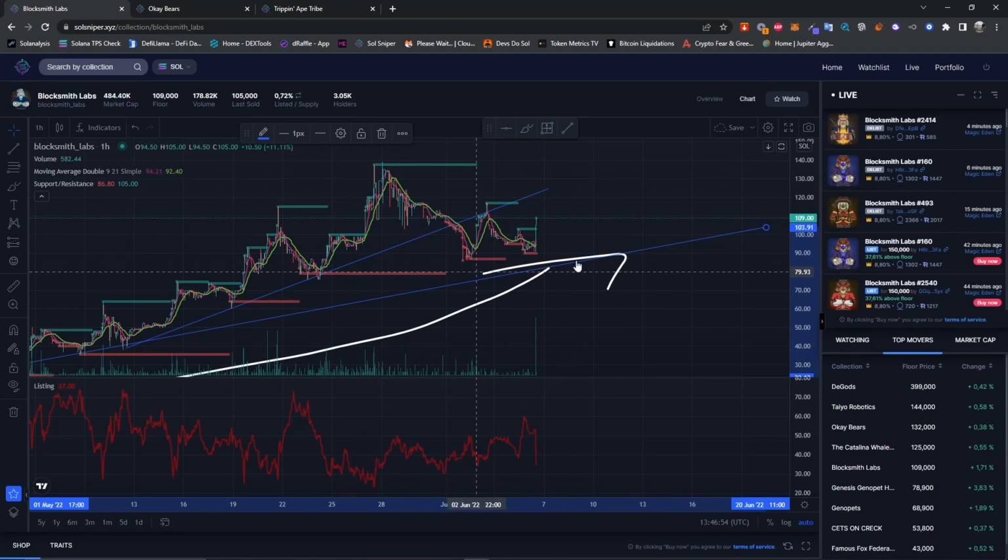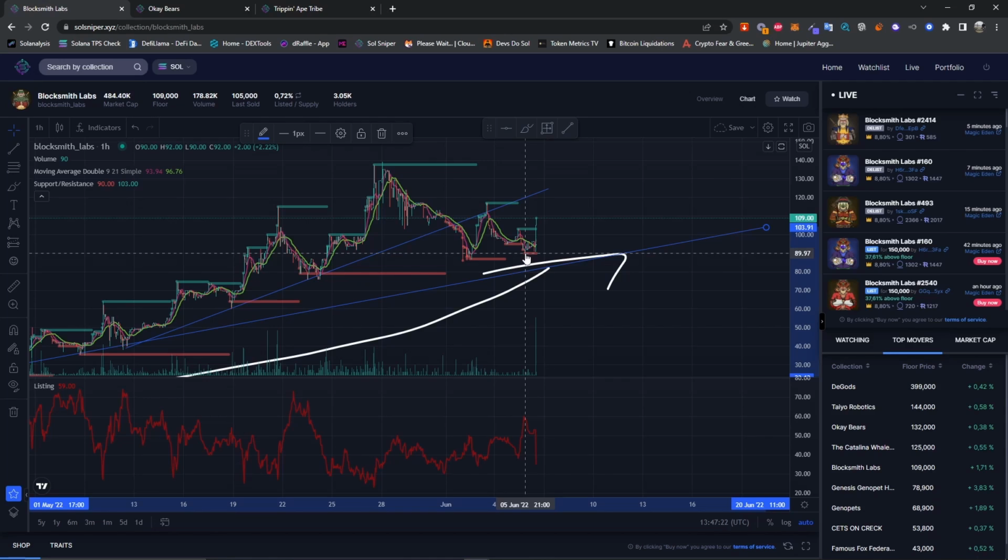If Blocksmith doesn't do well, they don't really have to do much more, because they already did so much. And this is also important: what are they doing for the Solana ecosystem? Because Blocksmith really is doing something for the ecosystem. I feel like it's helping the ecosystem with the whitelist and so on.